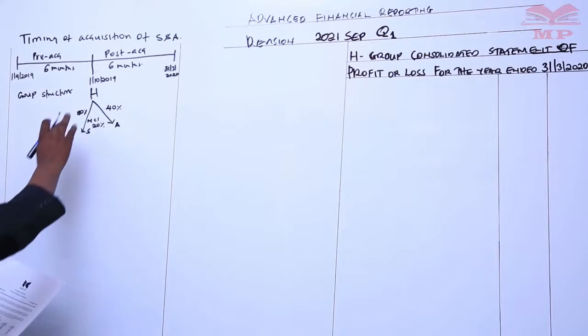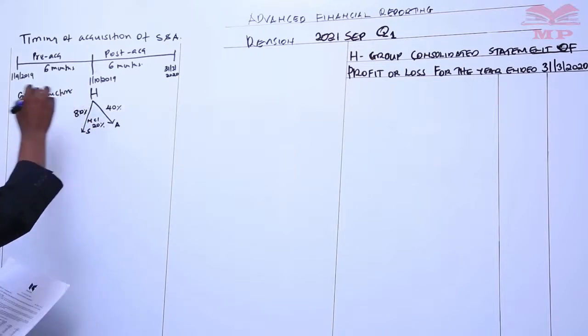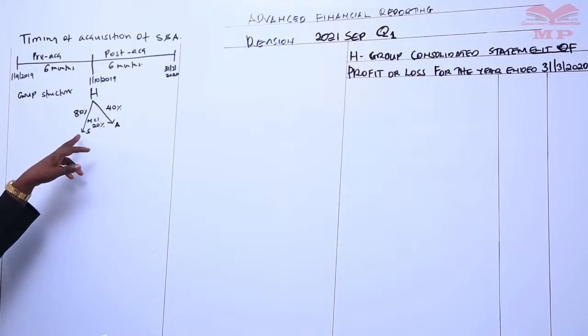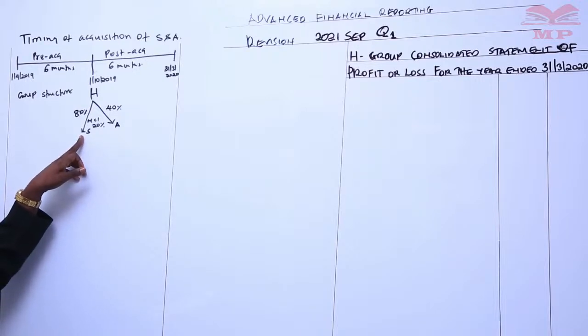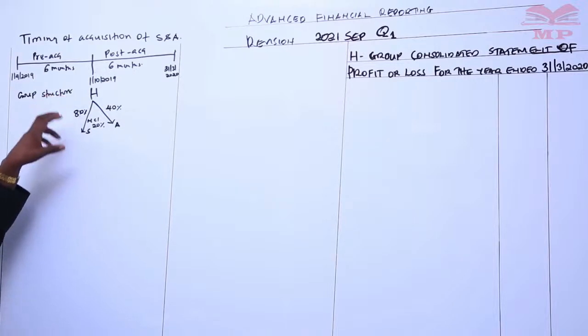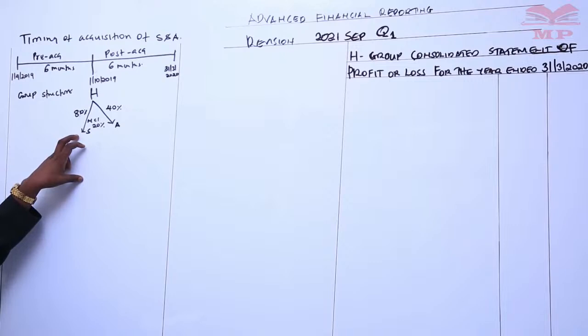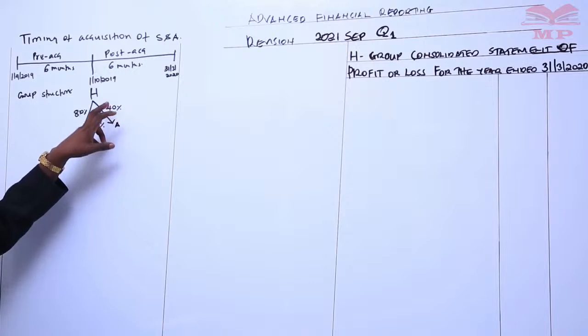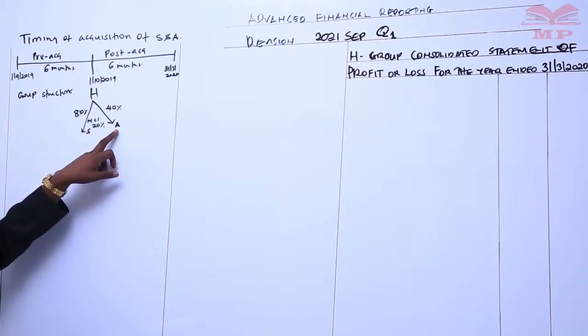From this group structure, we can conclude that S is a subsidiary because H is acquiring 80%, above the 50 plus 1% ownership threshold in S. So it is meeting the definition of a subsidiary. And A is 40%, which is below the 50% mark, and so A is an associate.